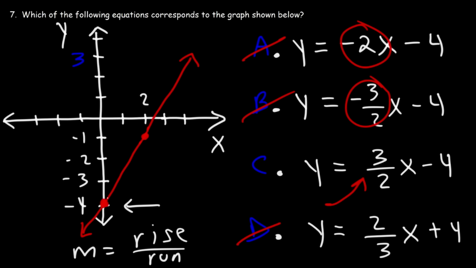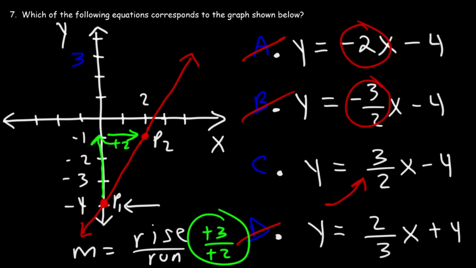So to go from the first point, which we'll call P1, to the second point, P2, we need to go up 3 units from negative 4 to negative 1. So that's the rise. We're increasing by positive 3. And the run, we need to travel by 2 units to the right. So the slope is 3 over 2. Therefore, you can clearly see that C is the right answer.